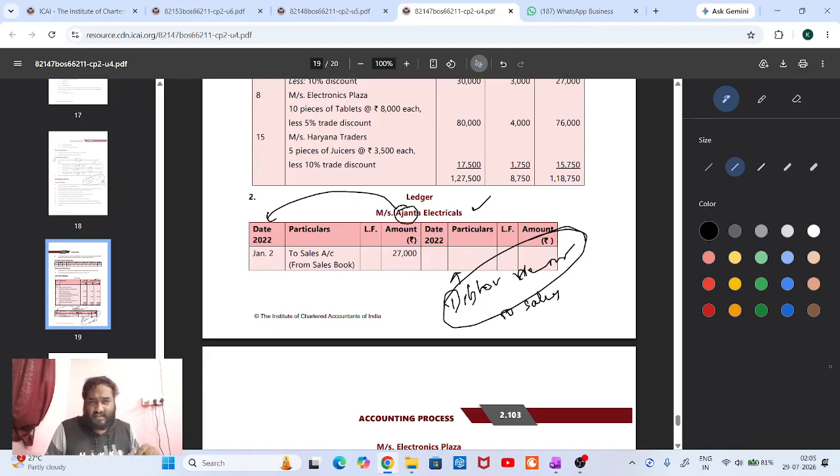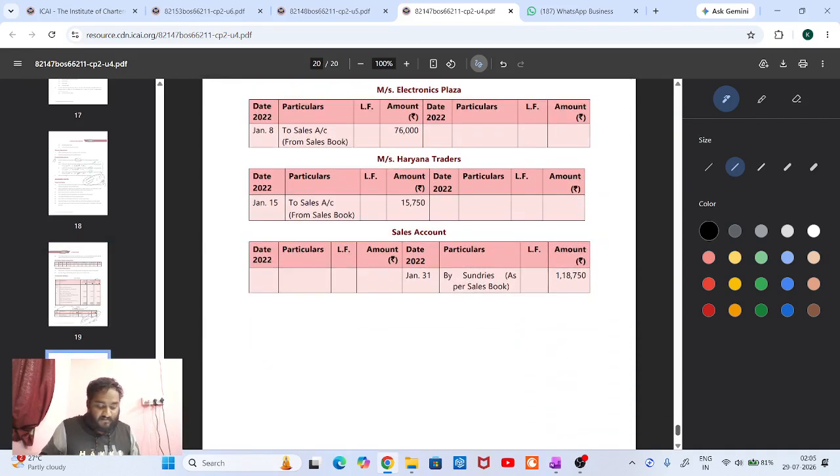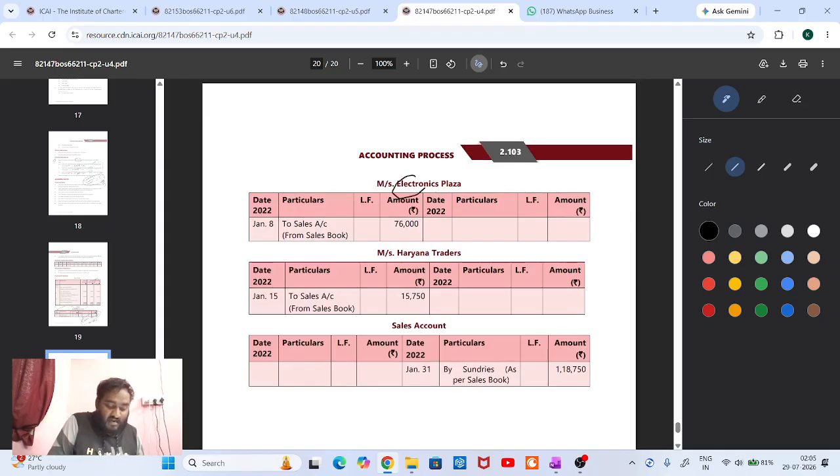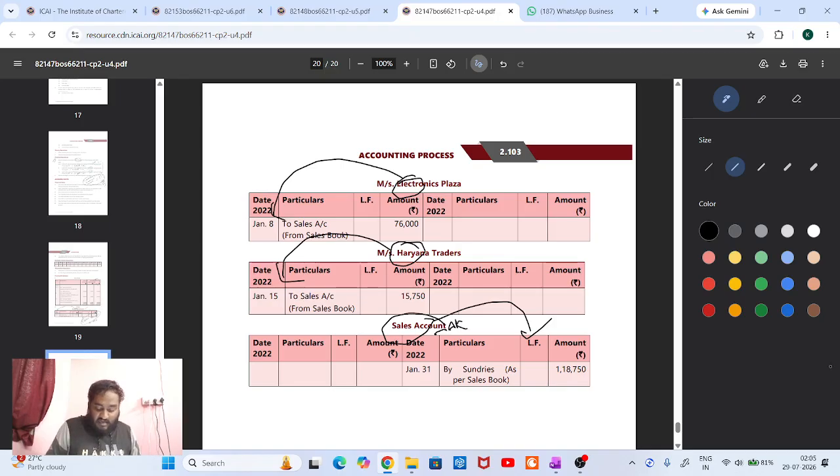Why does he pay us more? Because he purchased something from us. It is simple logic. Debtor account debit to sales. Sales account is credited by the debtors. This is the logic, and the chapter is done.